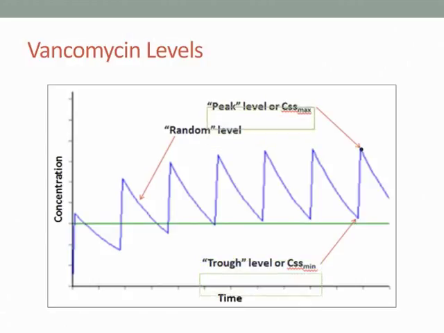The peak level is the highest concentration that a drug reaches at steady state and is measured just after the administration of a dose. The term peak level is synonymous with maximum steady state concentration, or the abbreviation CSS-max. Finally, a random level is the concentration of drug measured at any random point in time that is not specifically related to the timing of a dose.